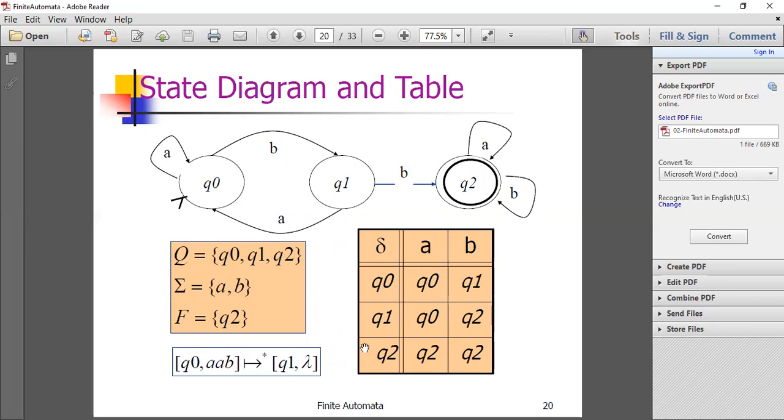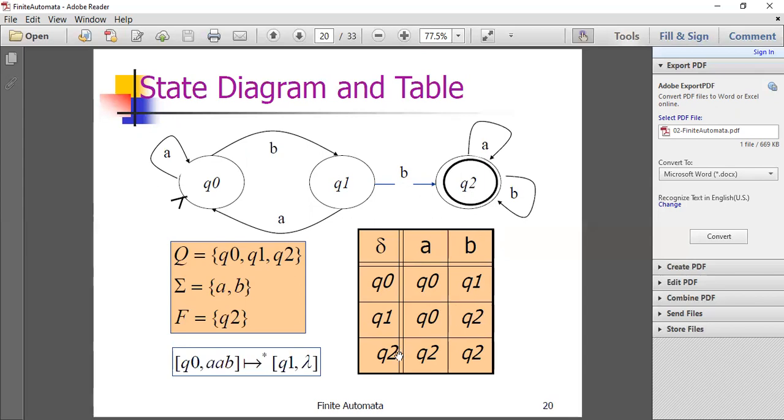These are all called types of finite automata. So we can take Q naught as the starting state. Q naught on A, it is reaching Q naught. Q naught on B, it is reaching Q1 here. Again, Q1 on A, it is reaching Q naught here. Q1 on B, it is going to the final state.